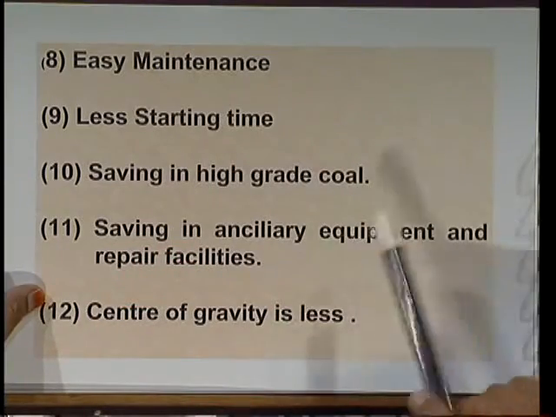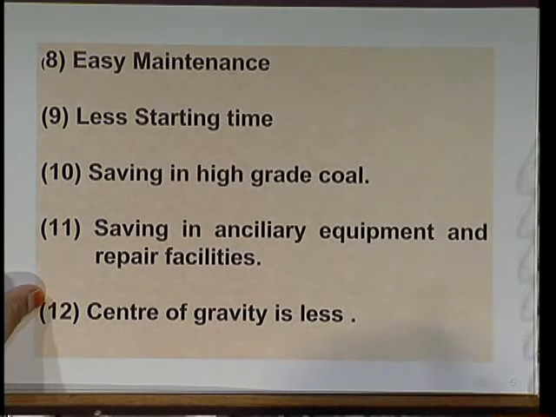Because of the absence of coal pits, ash pits and water collecting pits, the workshops to be set up for the electric locomotive are much smaller compared to the steam locomotives. And hence, there is a high saving in ancillary equipment and repair facilities.